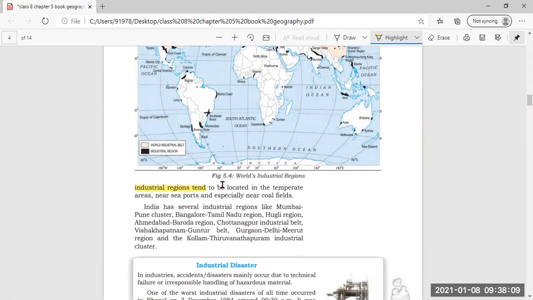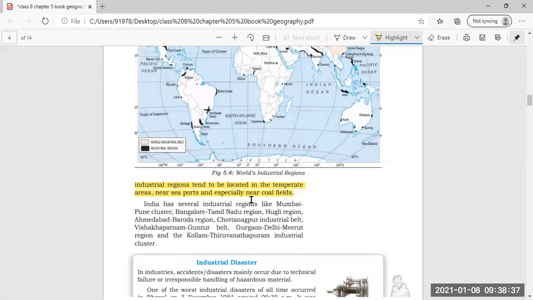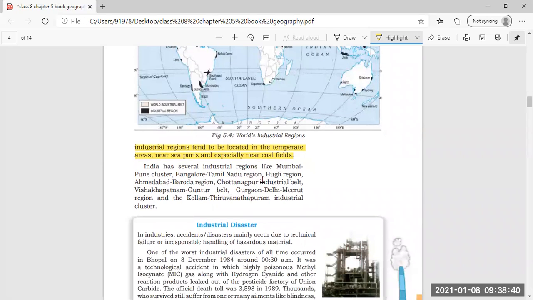These industrial regions are located in temperate areas where the climate is neither too hot nor too cold, and they are especially near the seaports so that the final products can be taken from one country to another through these seaports, and especially near the coal fields, if they need it as a raw material.